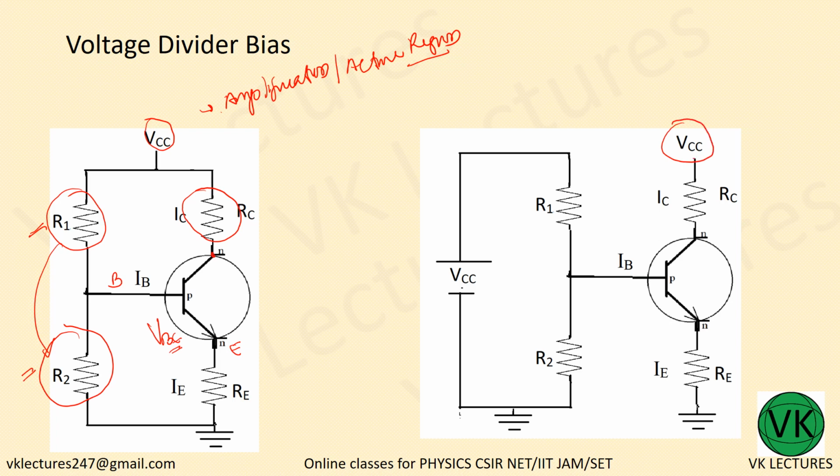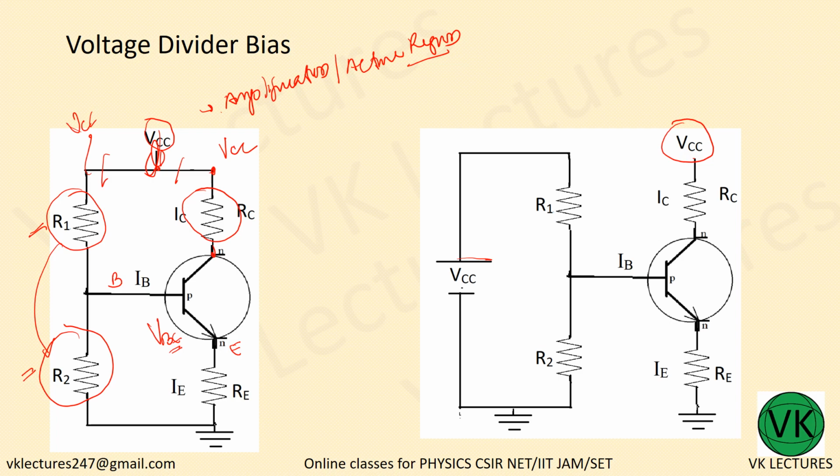This collector is connected to VCC, and in the input side what I am doing is again connecting it to another voltage of VCC. It's a very same circuit. I am just separating this. Here I am giving VCC, instead of this terminal. I am using two batteries or two power supplies, voltage sources.